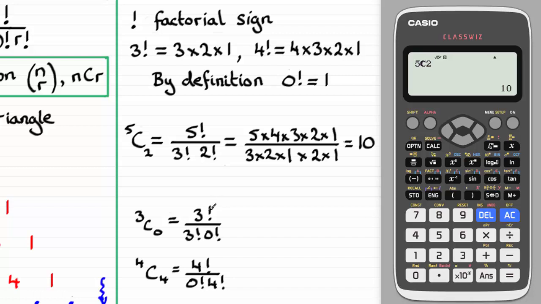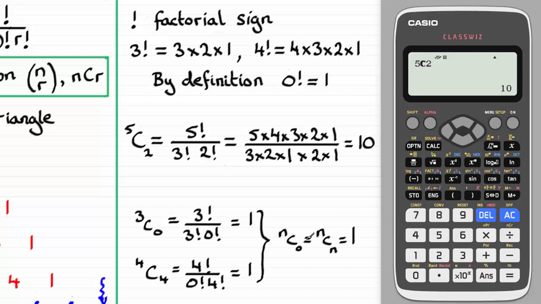Now, in each of these, the 3 factorials here cancel out, giving you 1 over 0 factorial. And in this example, the 4 factorials cancel and you end up with 1 over 0 factorial. But 0 factorial is defined as 1. So you end up in both cases with 1 divided by 1, which results in 1. And so they both equal 1.